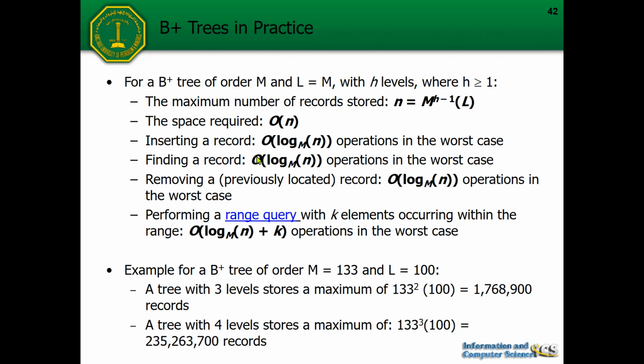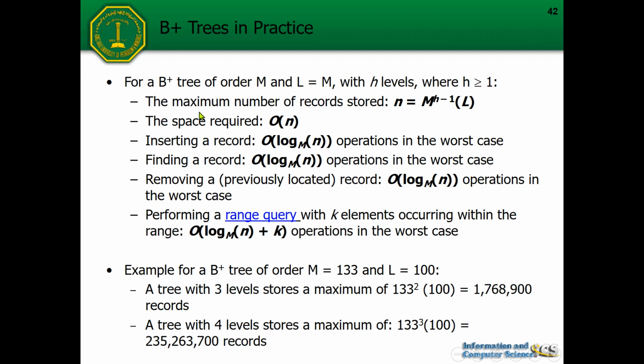There are some details for the B+ tree in practice, which are almost similar to the B tree. For example, for a B+ tree of order M, where L is equal to M, and height h, where h is greater than or equal to 1, the space required is O(n). Insert, search, remove, and performing a range query should be around O(log base M of n).